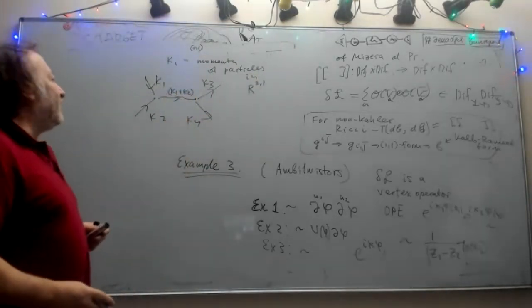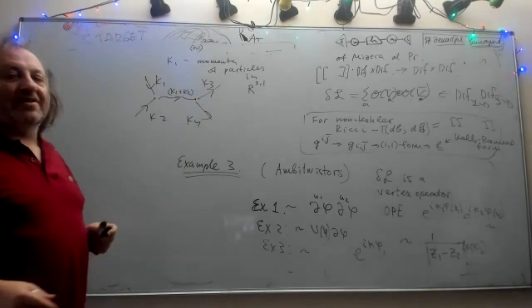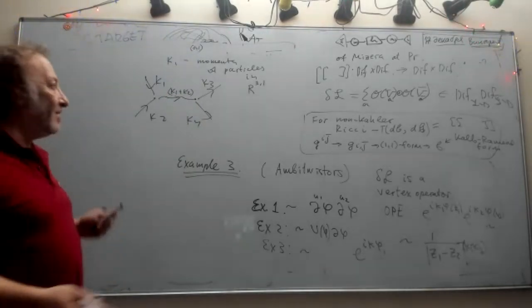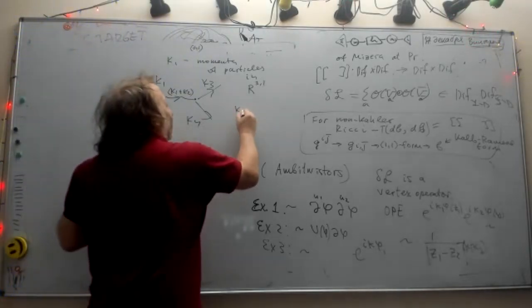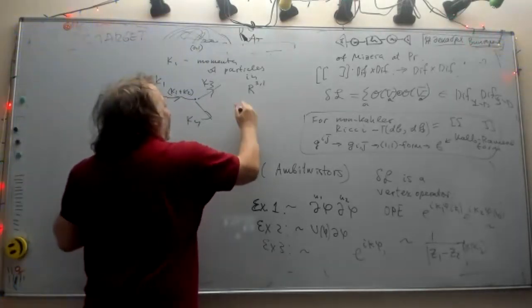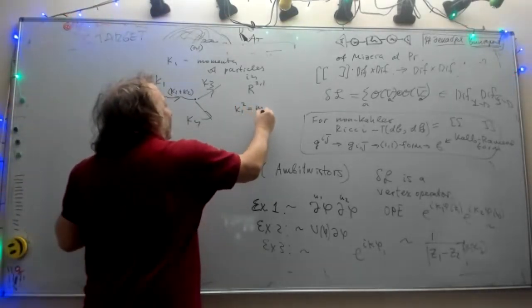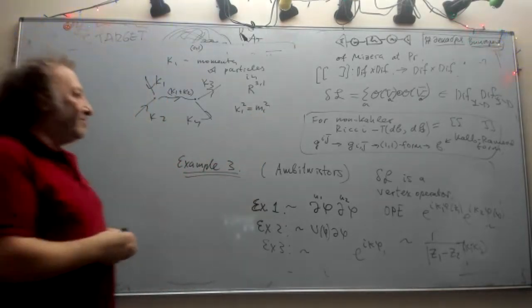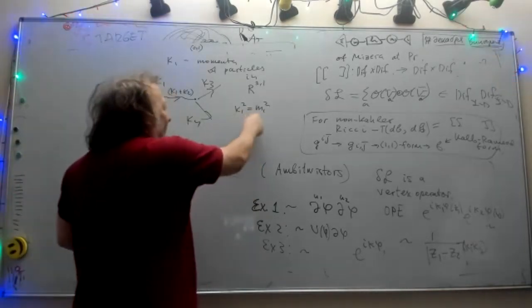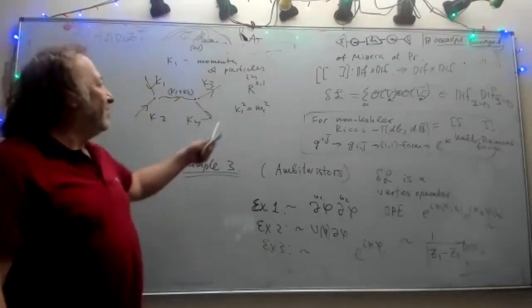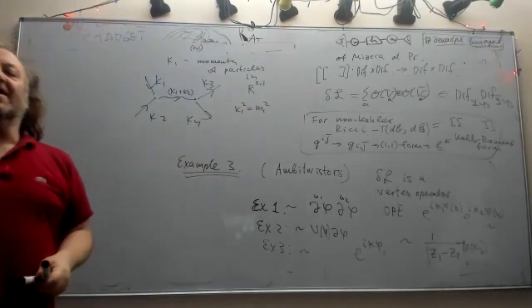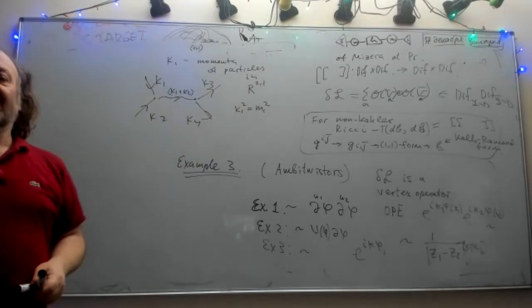Now, there is the so-called on-shell condition. On-shell condition means that K1 squared equals mass squared. You may ask, what does this mean? If mass is 0, it means that you have a light vector, okay?